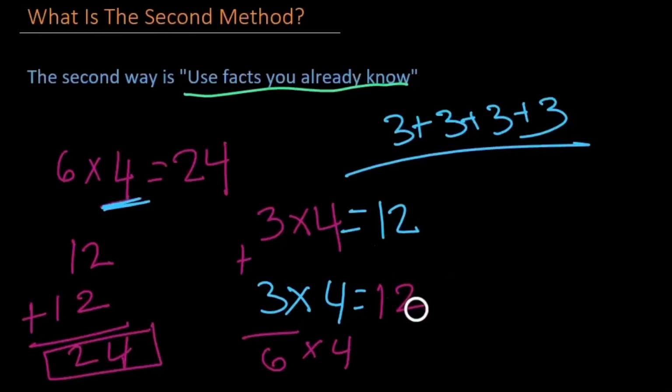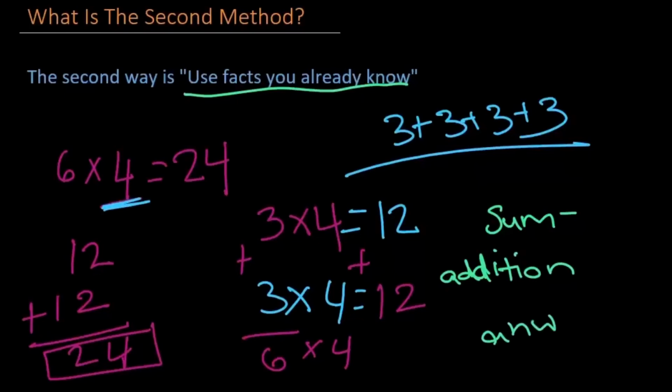So we add the products next. We got the product 12 for both of these because it's the same problem. And we added both the products and we got a sum of 24. Again, sum is addition answer. It's the answer to an addition problem.